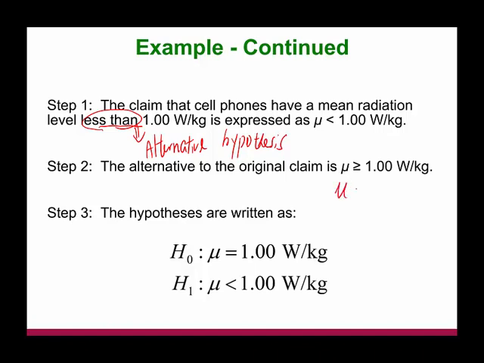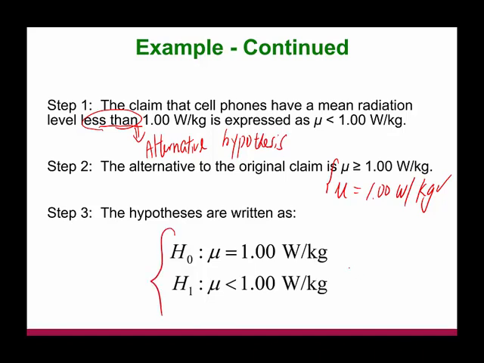You can also do mu equal to 1.00 watt per kilogram. Either way you want to set up a null hypothesis, it's good. So now I'm going to pick the second option, mu equal to 1.00 watts per kilogram. Okay. And set up a null and alternate hypothesis.